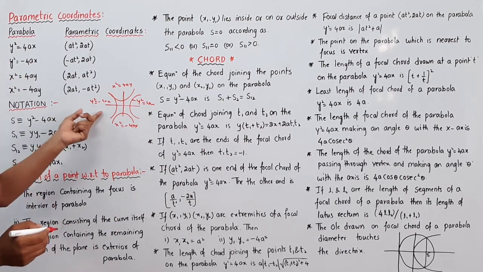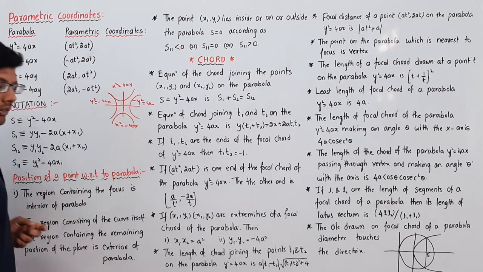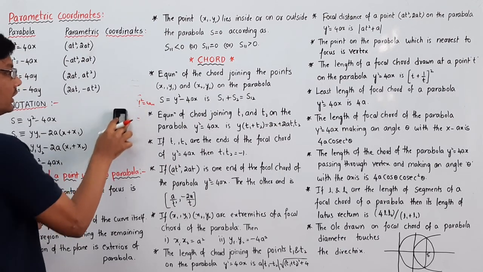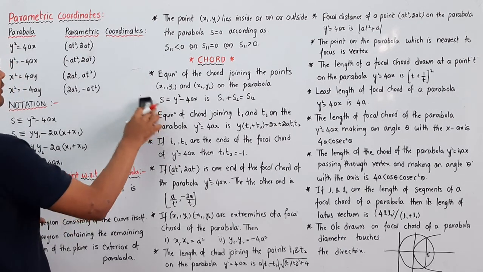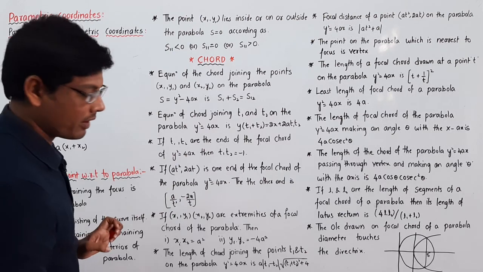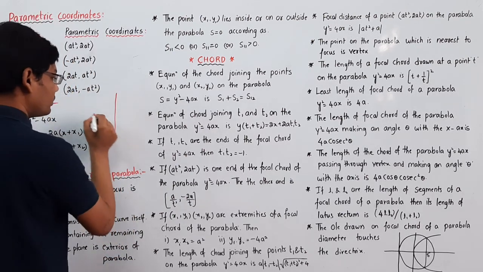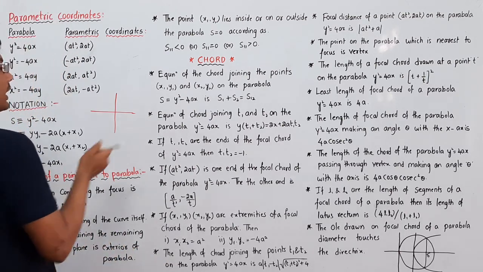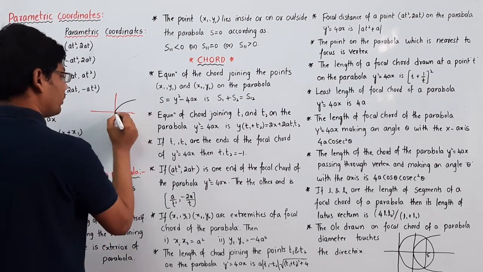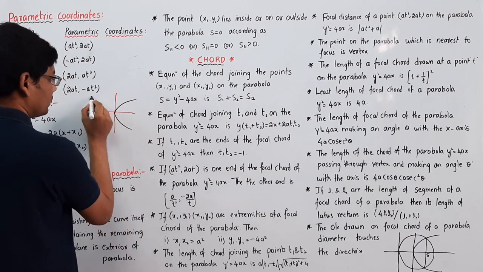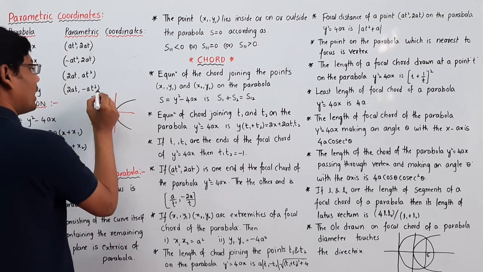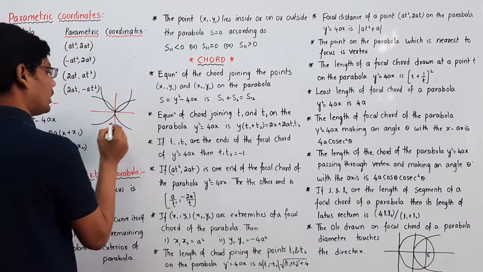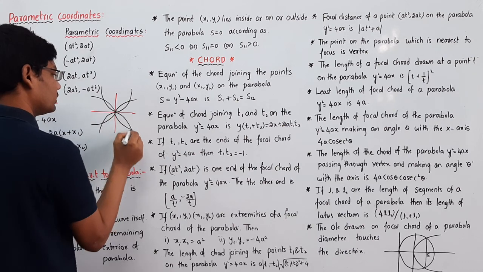According to these four types, each and every parabola has its vertex at the origin. This is the standard form of a parabola. I am drawing all the parabolas in one coordinate axis.